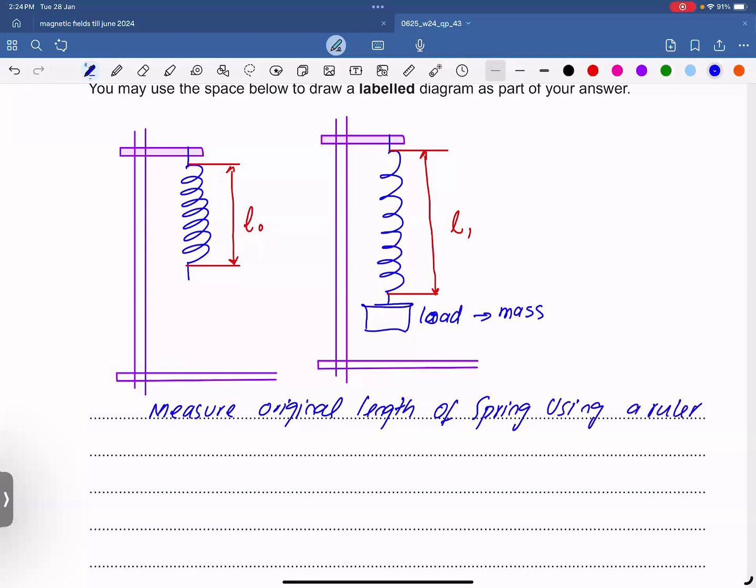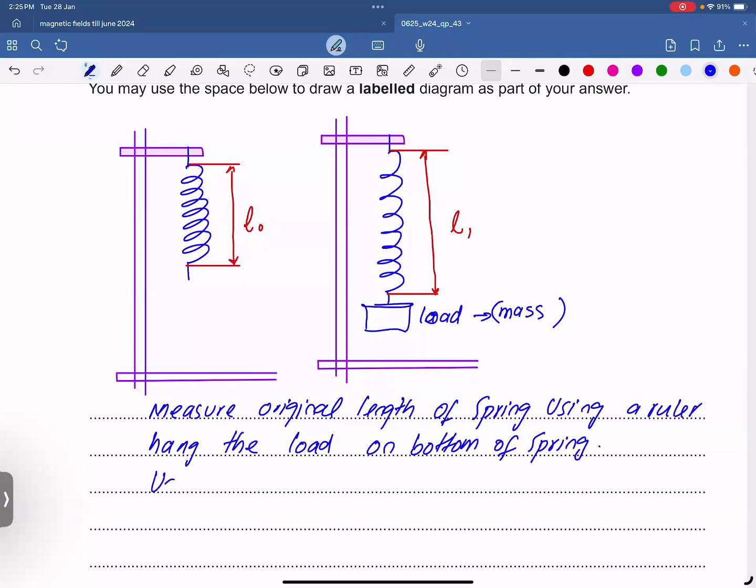After that, you will hang the load or mass, I'm saying load, on the bottom of the spring. What will happen? It will extend. So again, using a meter rule or ruler, measure the new length of the spring.